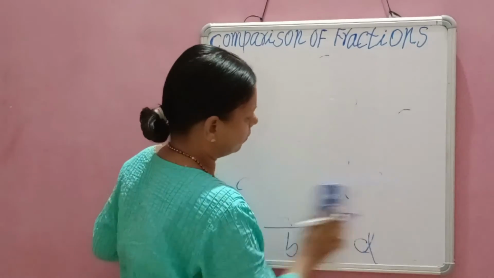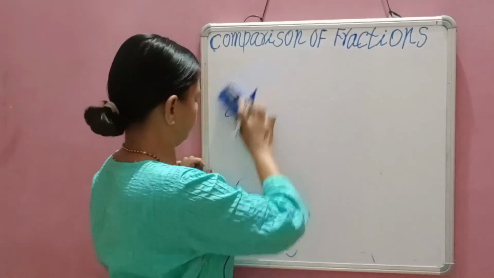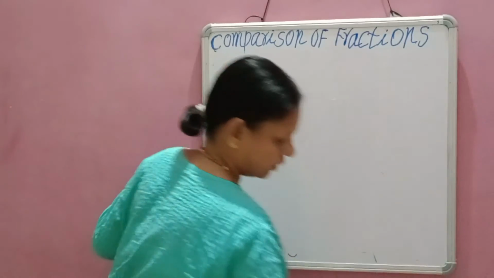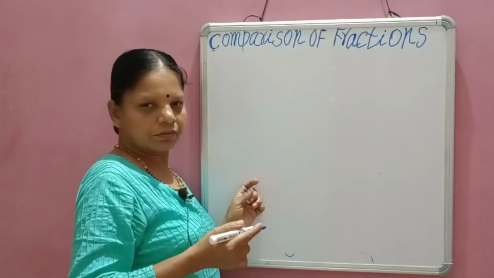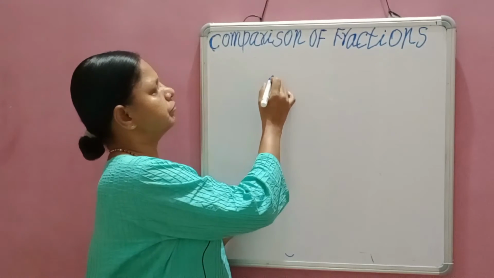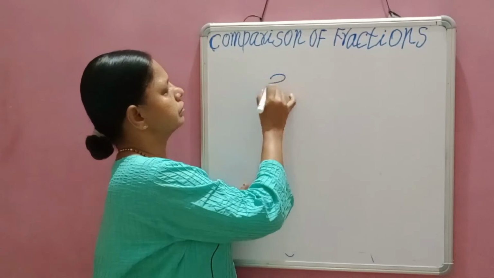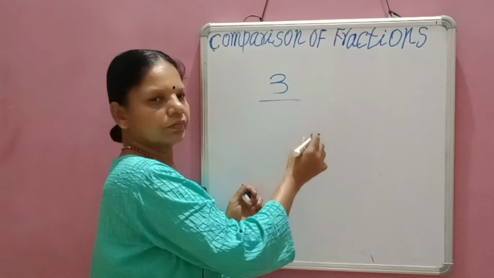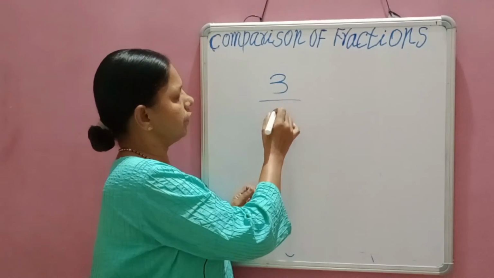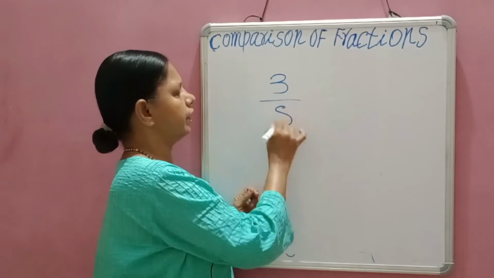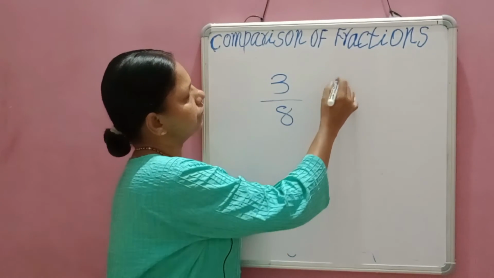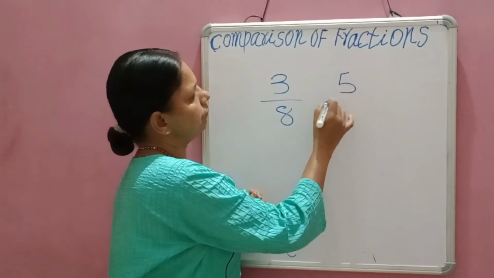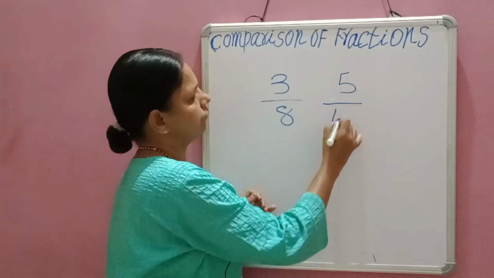Now, suppose there are common factors in the denominators. For example, 3 upon 8 and 5 upon 12.